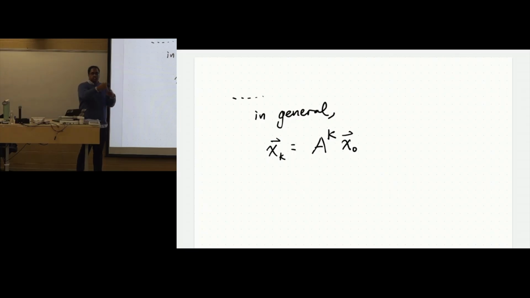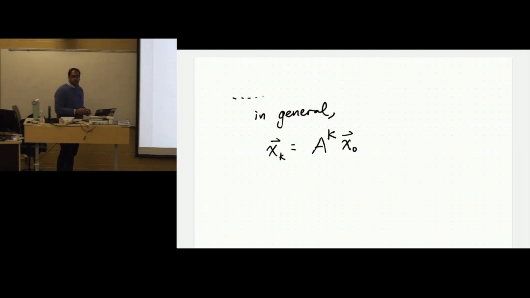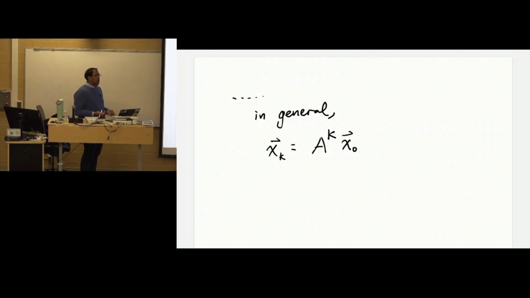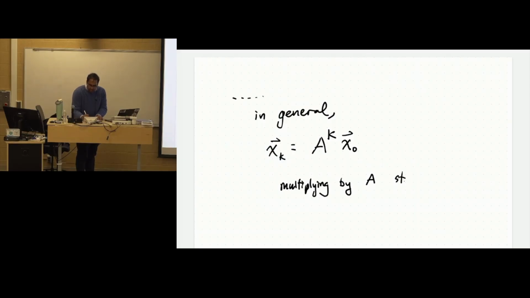Because to advance this simulation one time step forward, all we do is multiply by A. So multiplying by A steps one iteration into the future.